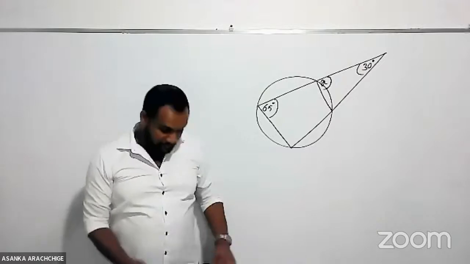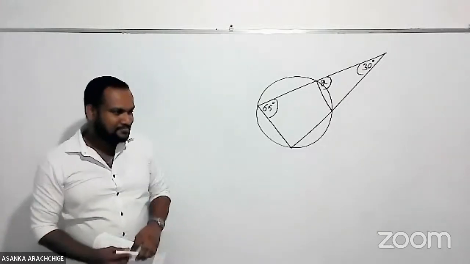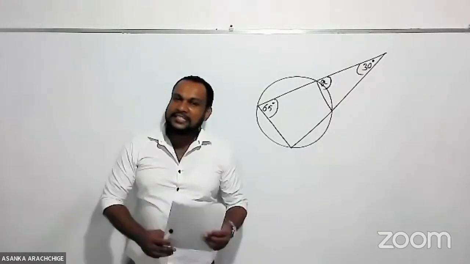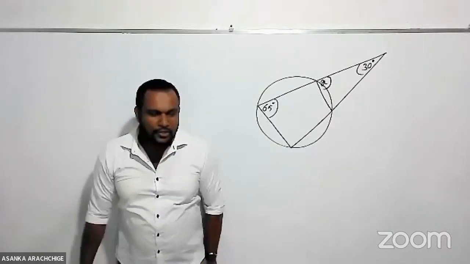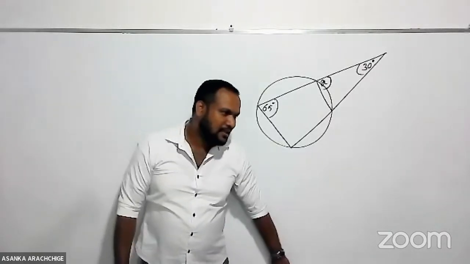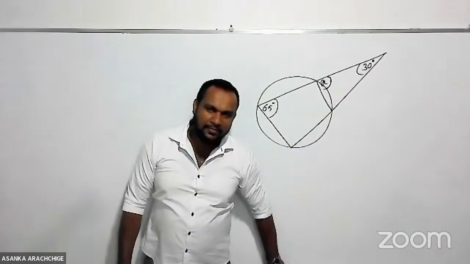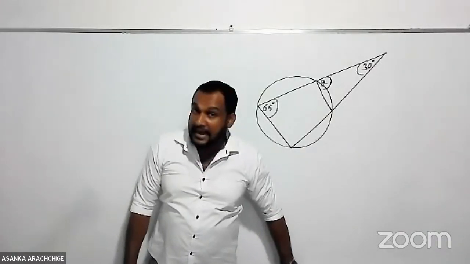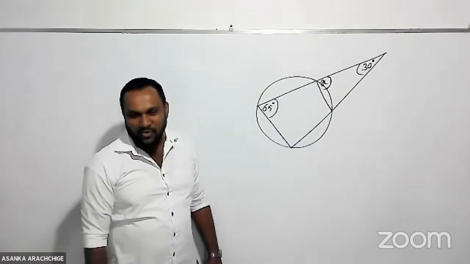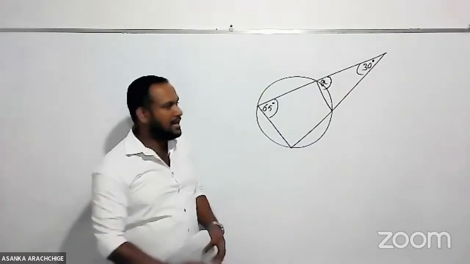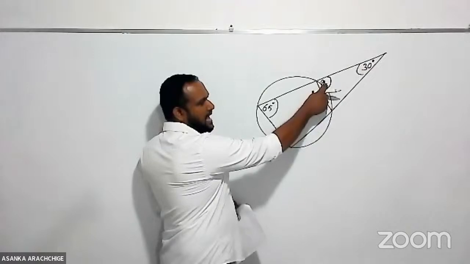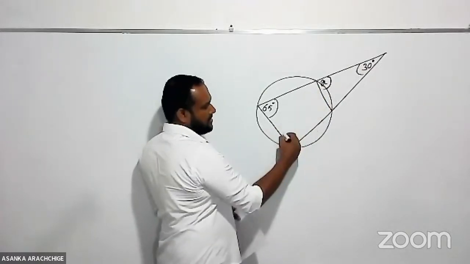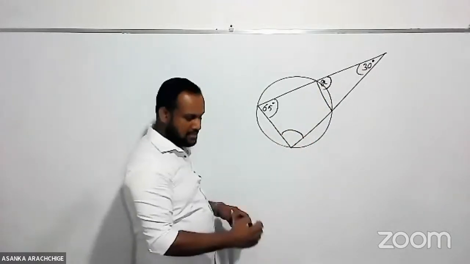Very simple one. Tell me, what is the theorem you have to use here? That is one of the theorems belonging to the lesson cyclic quadrilaterals. What is the theorem? Tell me, if this angle is x, how much is this?